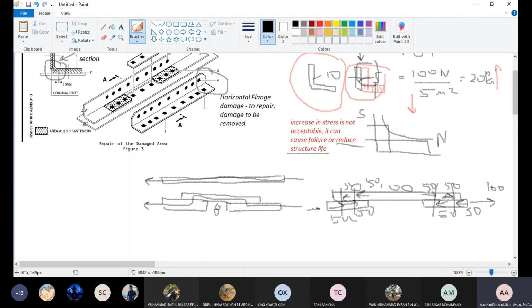So you already have 100 here. So if you see what happened, this splice plate or doubler transfers the load from this side to this side. So the use of this doubler is to transfer the load.